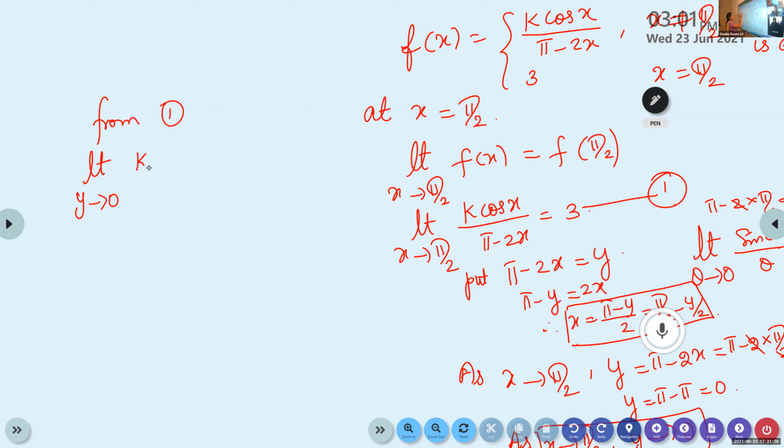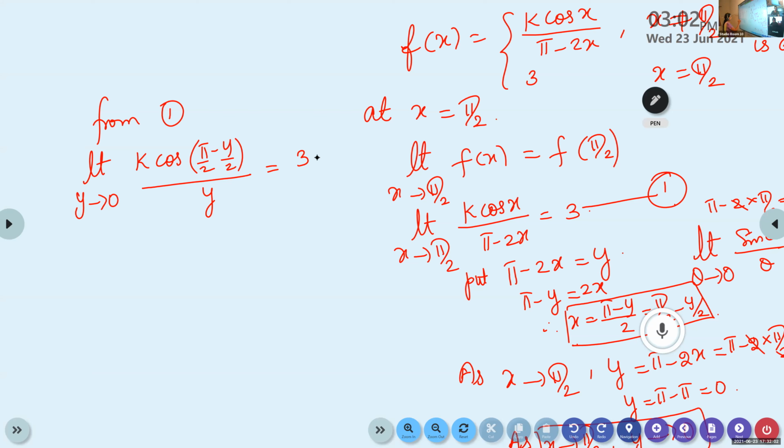Again, k into cos, instead of x, write in terms of y. What is x? Pi minus y by 2, that is pi by 2 minus y by 2. And the denominator pi minus 2x we are taking as y. So we get limit y tends to 0 of k cos of pi by 2 minus y by 2 by y is equal to 3.